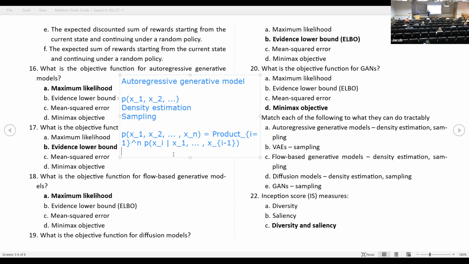Can we use autoregressive generative models for sampling? Can we sample from a transformer? Can we sample new text? Travis is saying yes. How would you sample from an autoregressive generative model, Travis? Exactly, totally.